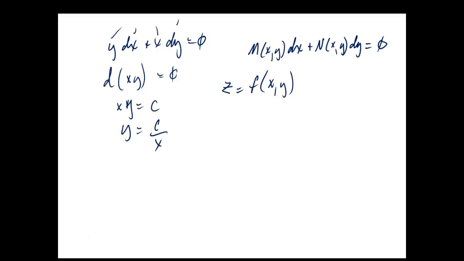So the partials, and let's just make up a function. Z is equal to, give me some function that depends on both x's and y's. You put them together however you want to. x squared plus y squared. That will be a real nice simple one to do.